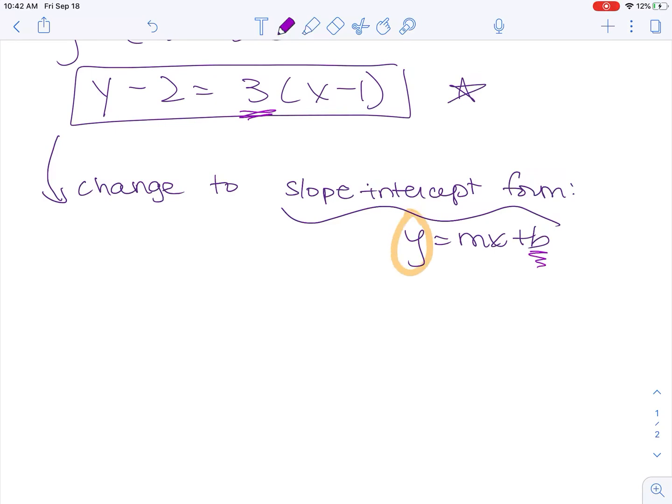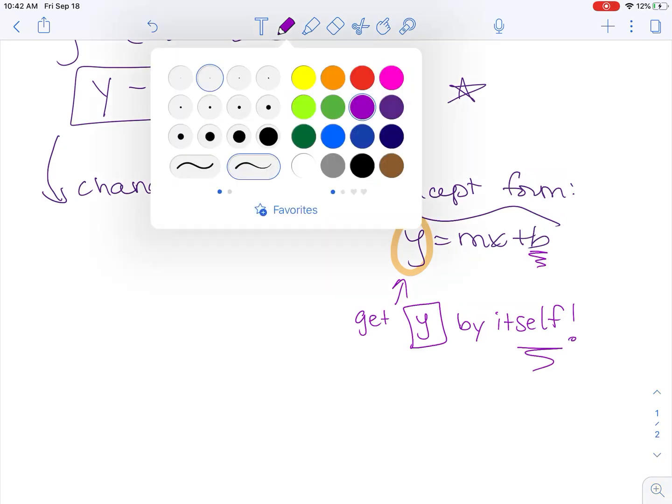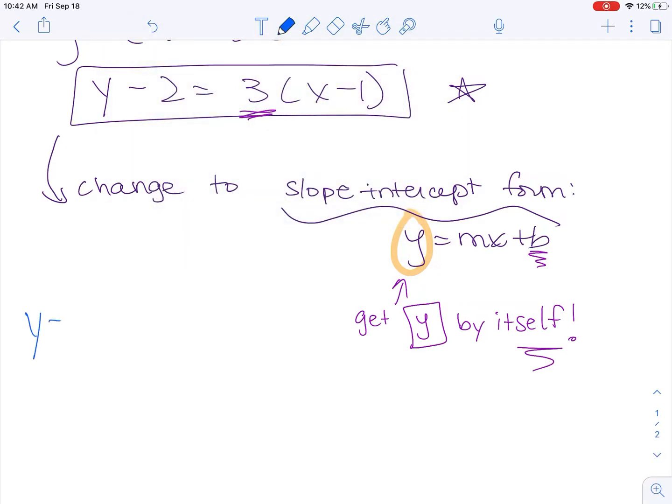So all I have to do to change from point slope form to slope intercept form is get the y by itself. Literally, that's it. If I take what we have, y minus 2 equals 3 times x minus 1, and I get the y by itself, we're good.